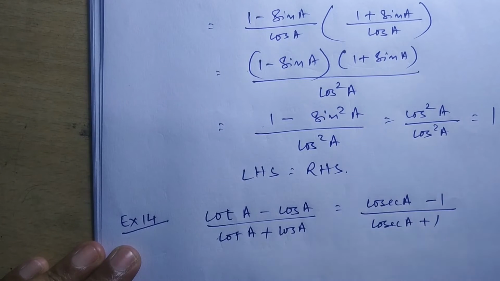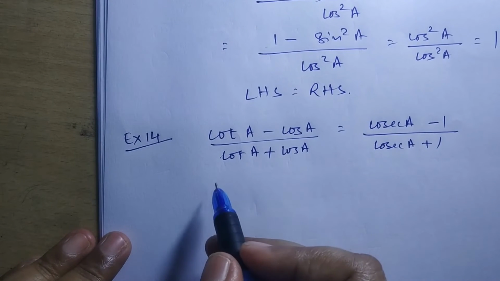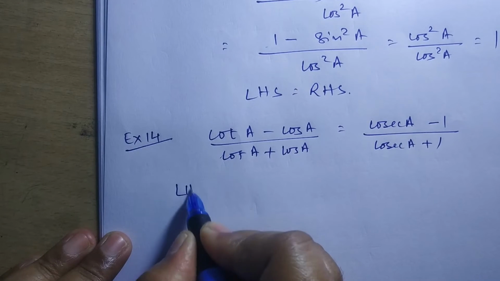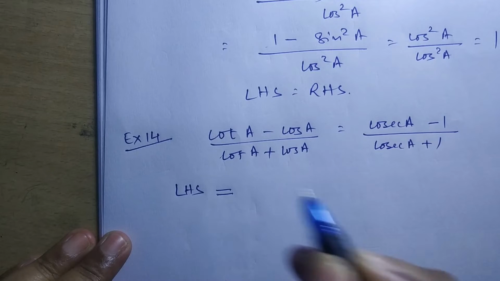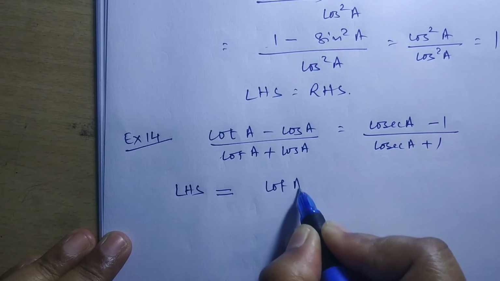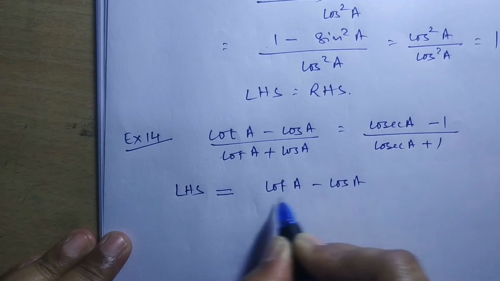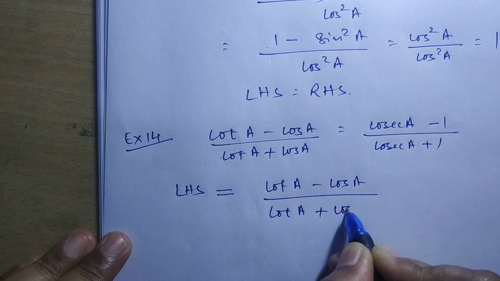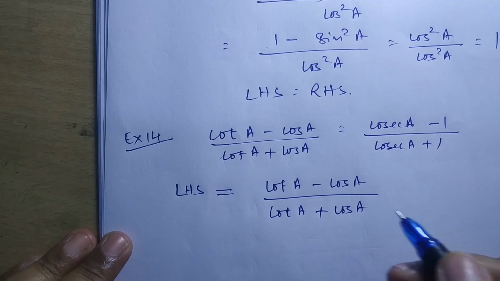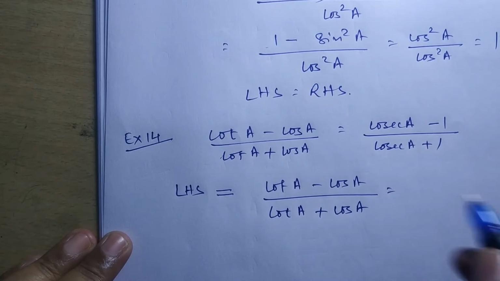So here again I will first go to the LHS side. Let me write the LHS. What do you have in the LHS? You have cot A minus cos A by cot A plus cos A. Okay, fine. Now what is cot A?